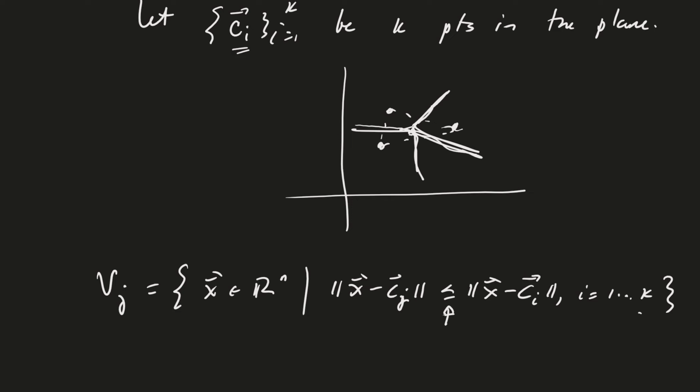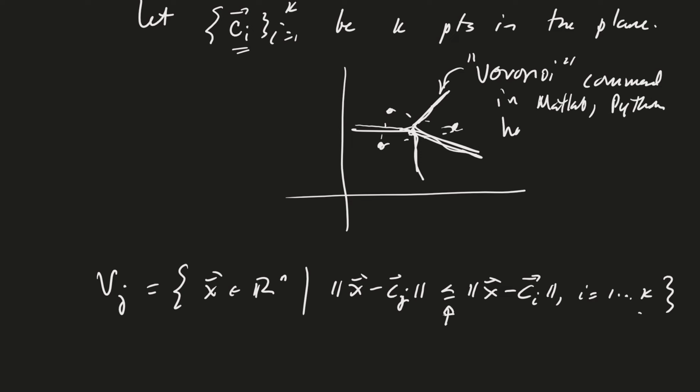Okay, and so drawing these boundaries, we don't usually see those, but these are drawn by the Voronoi command in Matlab and Python. Usually it will plot the boundaries of your region. And so those are kind of fun to look at.